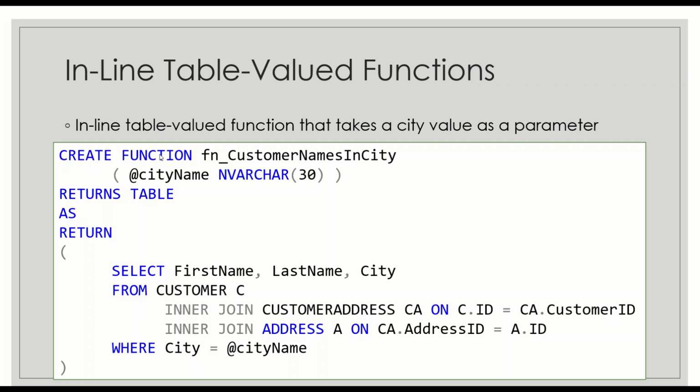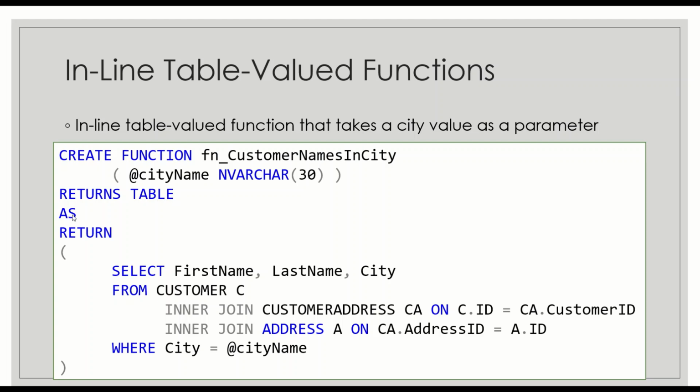We start off with create function, we give our function a name, and then we have the round brackets that enclose any input parameters that we might want to provide. After that, we have the returns clause, but in a table-valued function, the thing that's getting returned is a table. So we use table here as the data type.